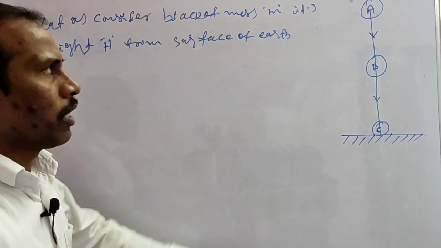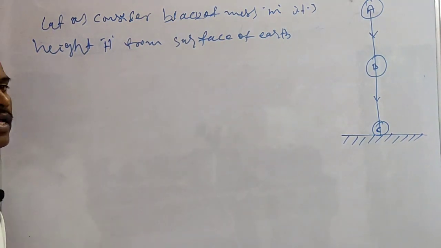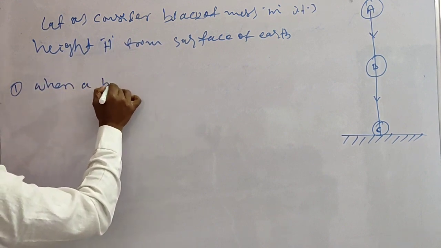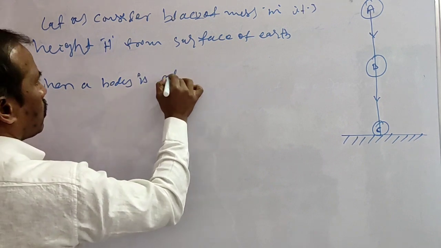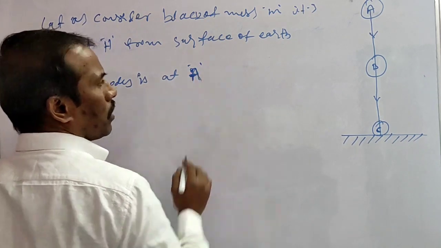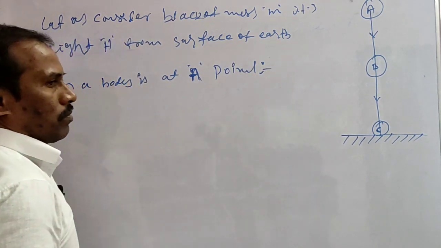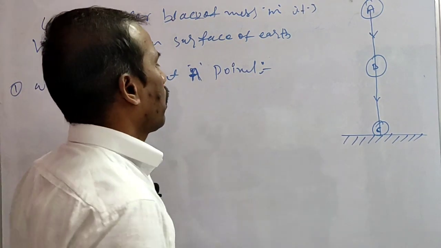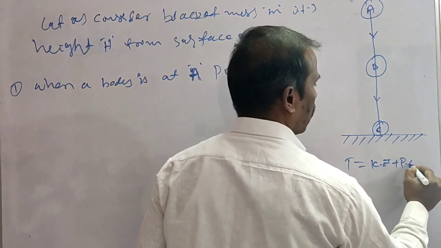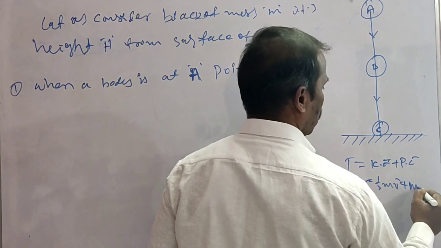Now the total energy at a point. This is the surface of earth, right? There are three points. First, when the body is at point A, the total energy is equal to kinetic energy plus potential energy, that is half mv square plus mgh.